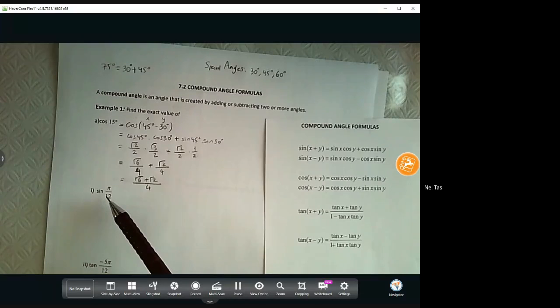There are two methods of doing it. First, you can convert this radian angle to degrees, and think in terms of degrees what two angles would give pi over 12. Or I will show you the other method.